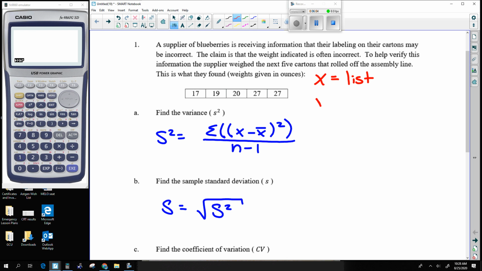Let's skip over X bar real quick. N is something we used a couple lessons ago. It is the number of elements, the number of things. Very specifically, that would be 5, the number of numbers in the list.